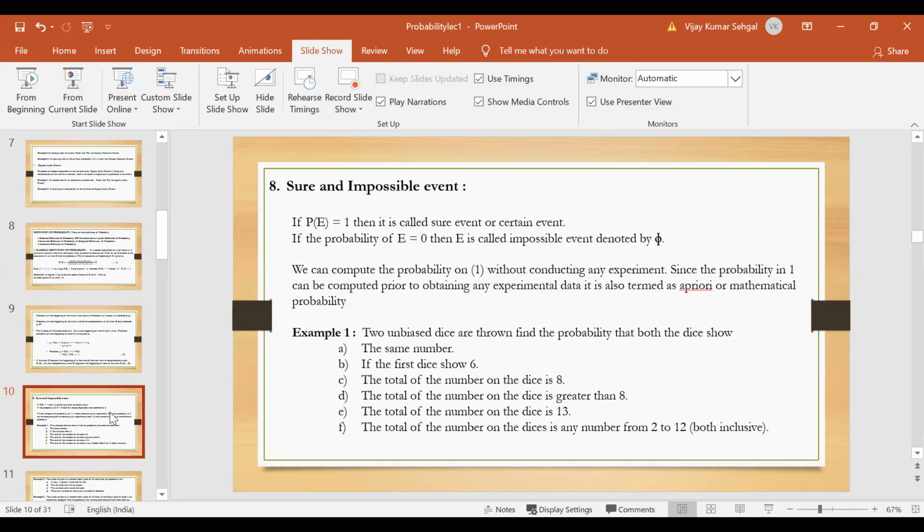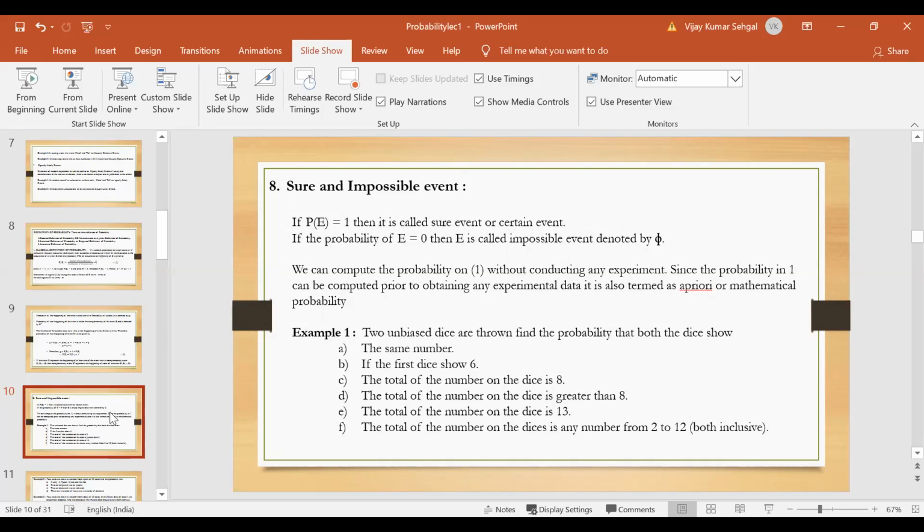Similarly, the total of the numbers on the dice is any number between 2 to 12. In this case, you have to count all the favorable cases. For getting 2, you have only one possibility, 1, 1. Similarly, for getting 12, you have only 6, 6. Similarly, you can find 3.